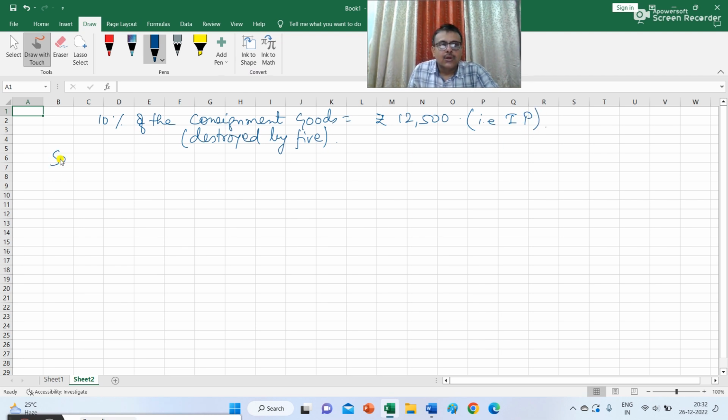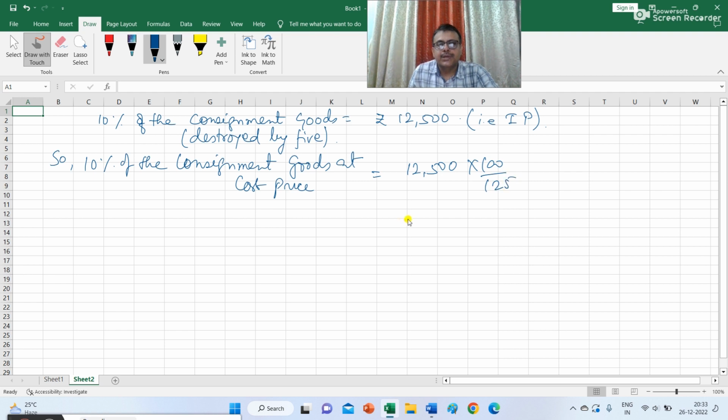So 10% of the consignment goods at cost price is equal to 12,500 multiplied by 100 divided by 125. So this is rupees 10,000.